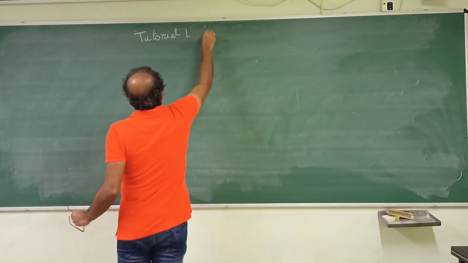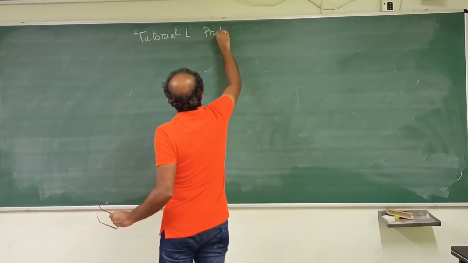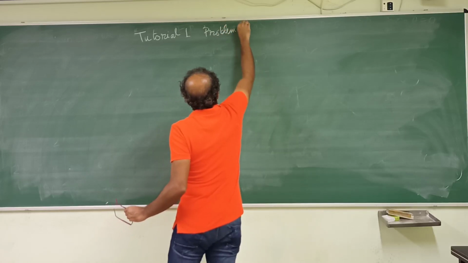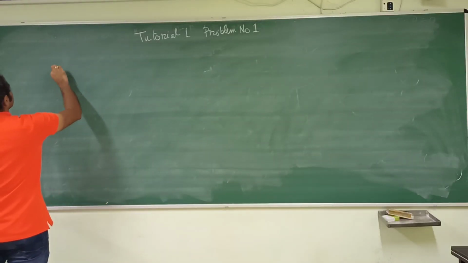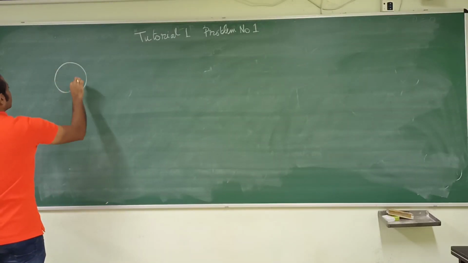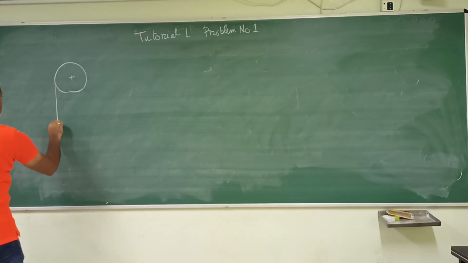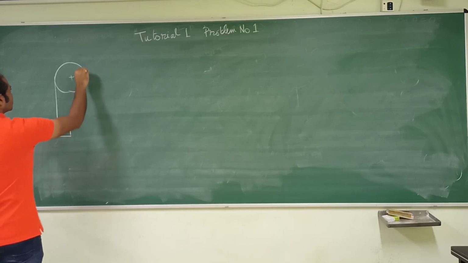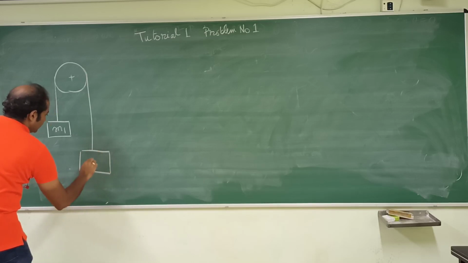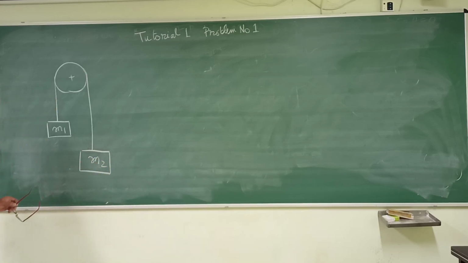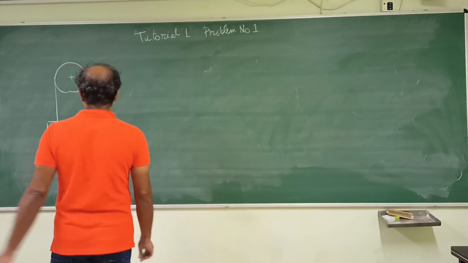It is just talking about an Atwood machine, a pulley, massless and frictionless, supporting two masses, mass M1 and mass M2. M2 is higher. All of you have solved this problem in your class 11 or higher secondary days. Let us solve that problem from the higher secondary point of view.